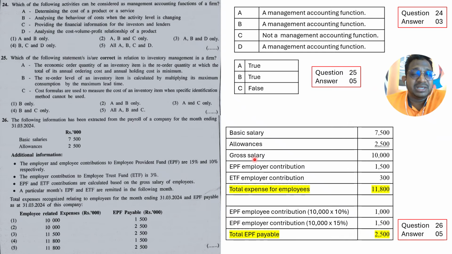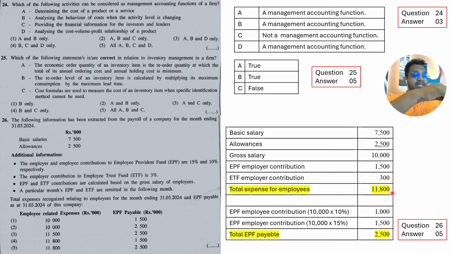The employee contribution for EPF is not an expense for the business, but the employer contribution is. So the contributions made by the business itself should be considered as an expense, right? So both EPF and ETF contributions made by the employer should come here. So your total expenses for employees is 11,800.